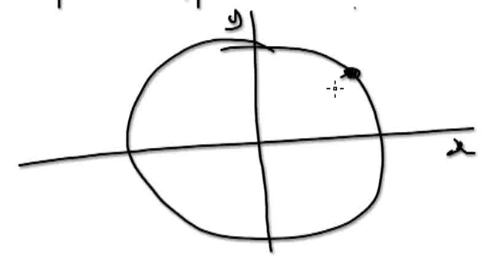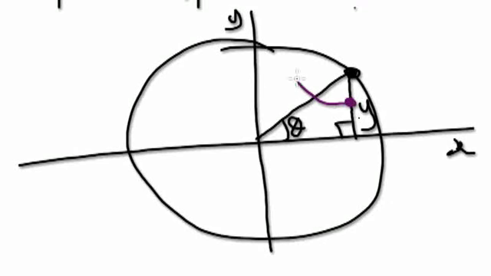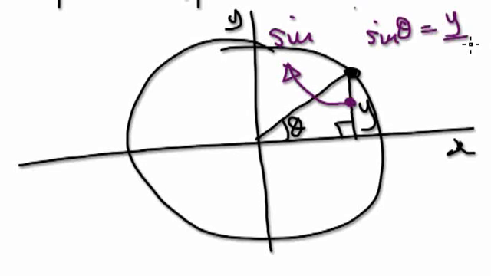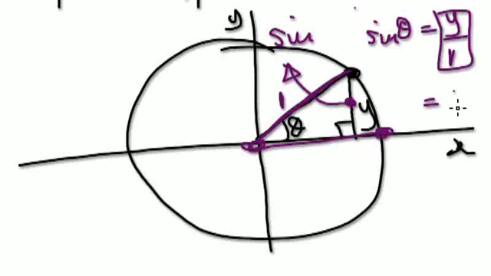If the point is here, this is theta, and you draw a vertical line down. The height, let's call it y. You use sine, so sine theta equals y over the hypotenuse. From here to here is the radius, 1, so the hypotenuse is 1, and this neatly turns into y.